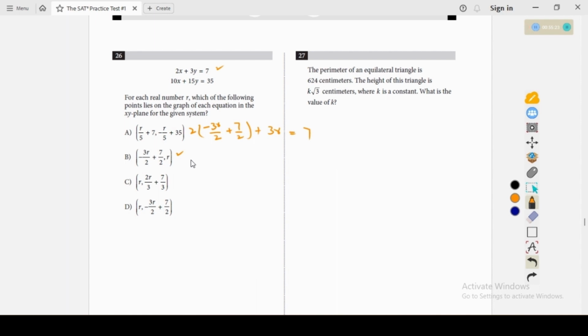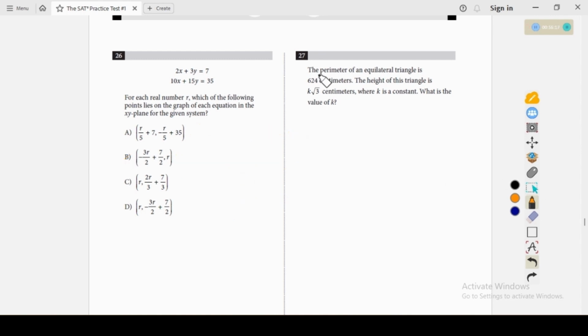This becomes 2 times (minus 3r plus 7) by 2 plus 3r equals 7. And the equation becomes minus 3r plus 7 plus 3r equals 7. Since 7 equals 7, this point satisfies the equation. So B is the correct answer.